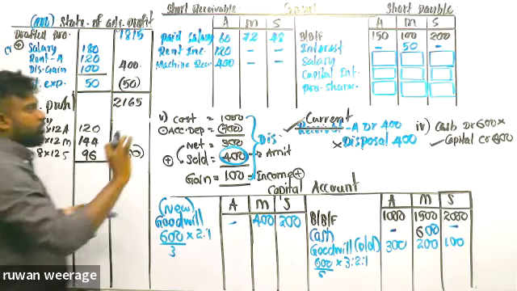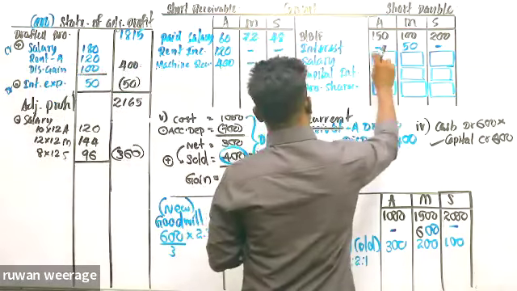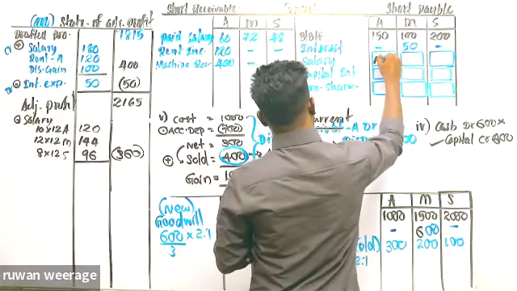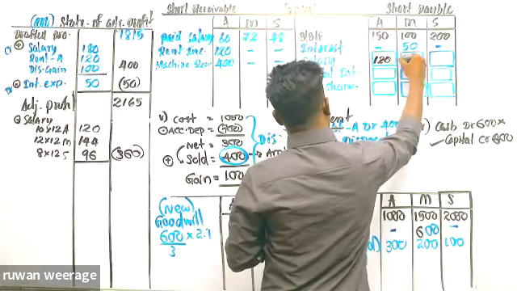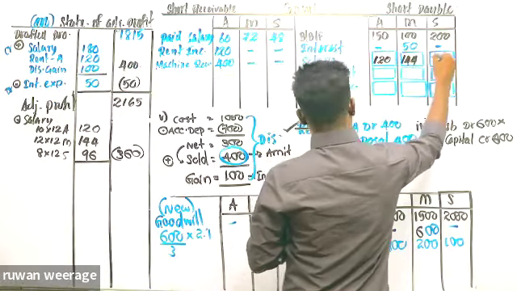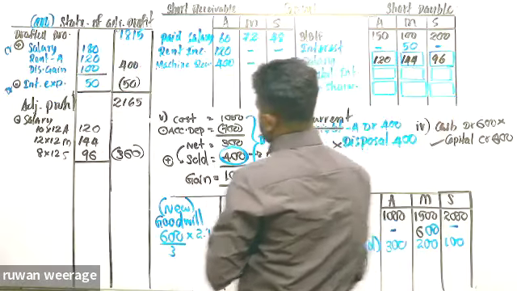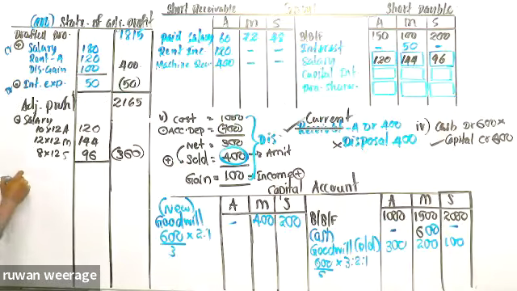Make deducted from profit and payable. But here paid, these are the payables. 96.